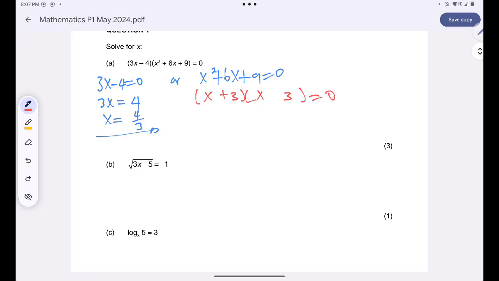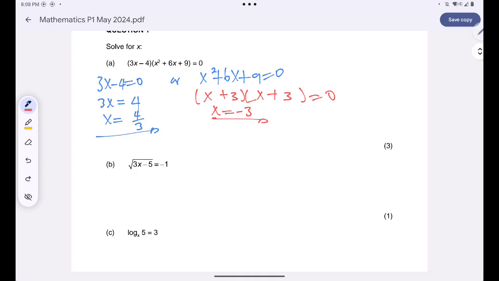So I'll have plus here and a plus there, and then x is equal to negative 3. So these are the only solutions. I don't need to write the same answer twice. The solutions are x is 4 over 3, or x is equal to negative 3.